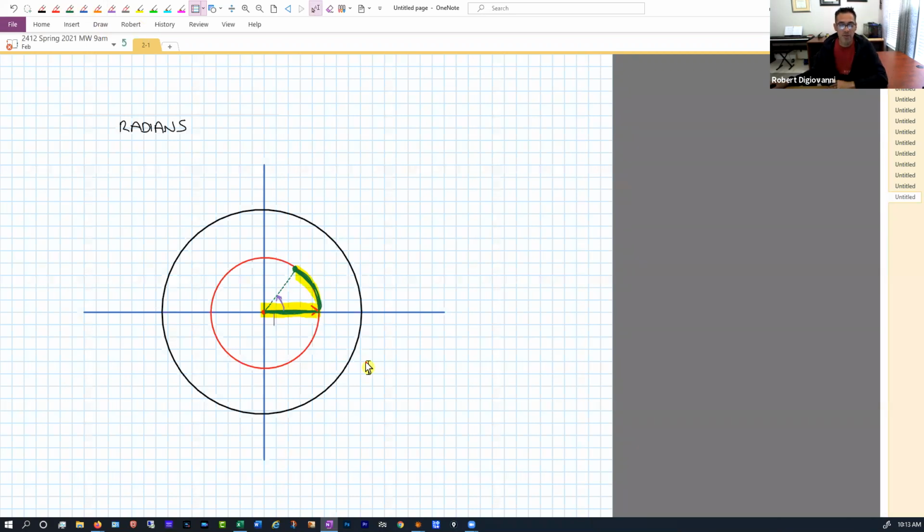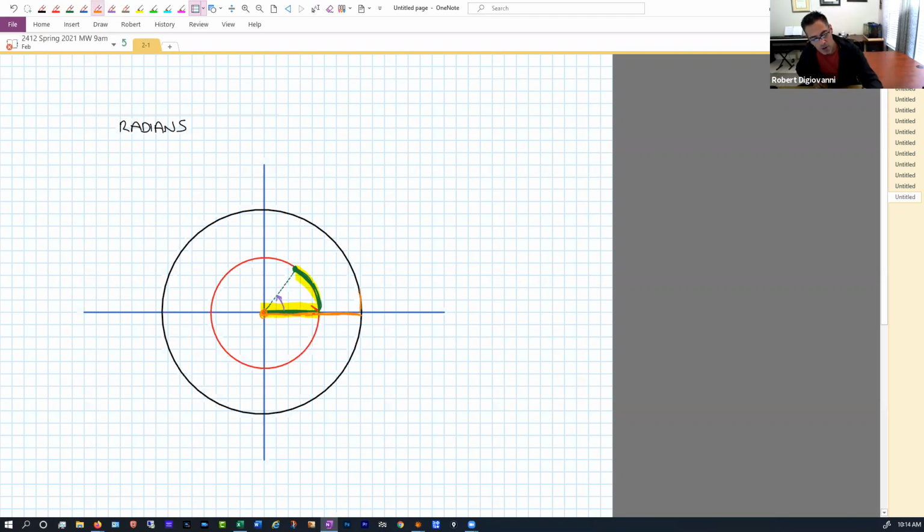Now what I'd like to do is talk about the black circle. I'm going to do the same thing. If I start at the origin and walk out to the edge of the black circle, that will be the radius of the black circle. So that has a distance, right? Whatever that distance is, I can measure it.